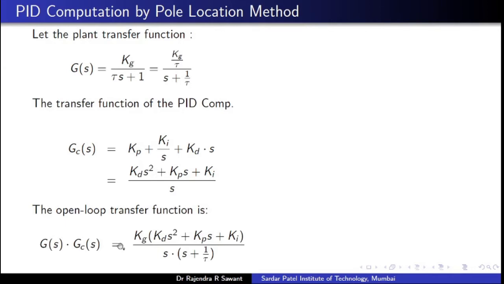Then we can write the open loop transfer function as G(s) into Gc(s).